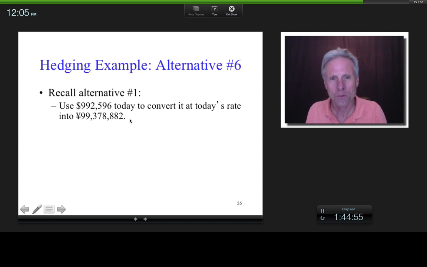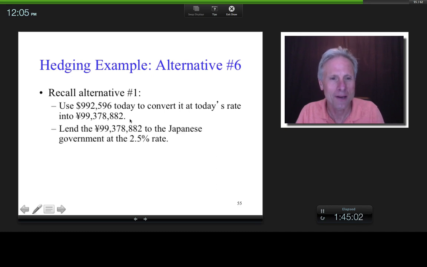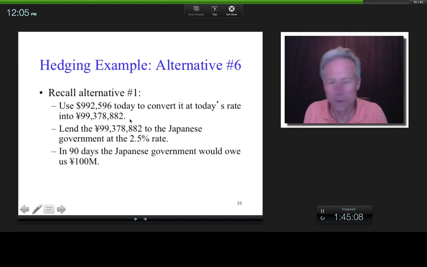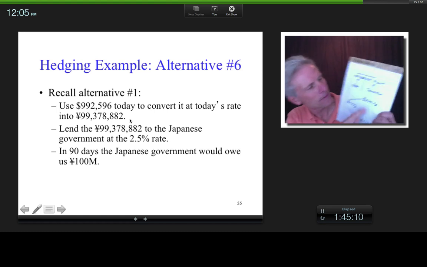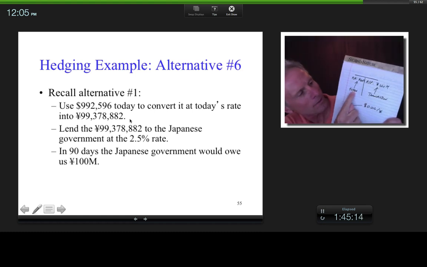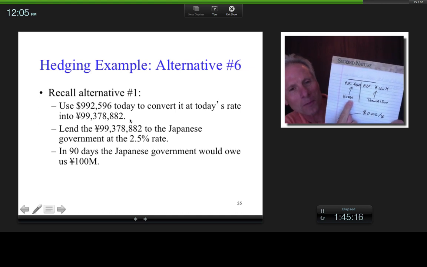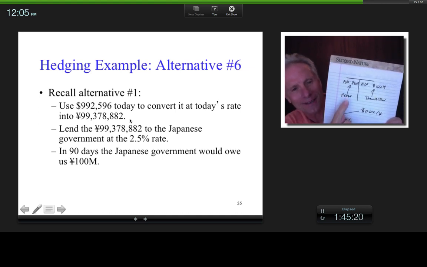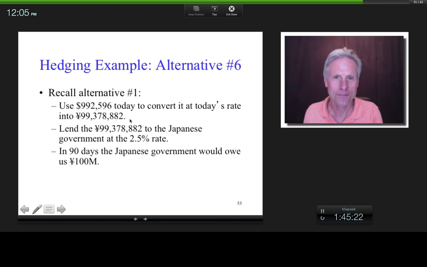We lent it to the Japanese government by investing in a what? A yen T-bill, right? Such that at 2.5% in 90 days, they would owe us what? 100 million yen, right? So here's our transaction, here's the widgets, and alternative number one is we create an accounts receivable by having the Japanese owe us 100 million yen in 90 days.